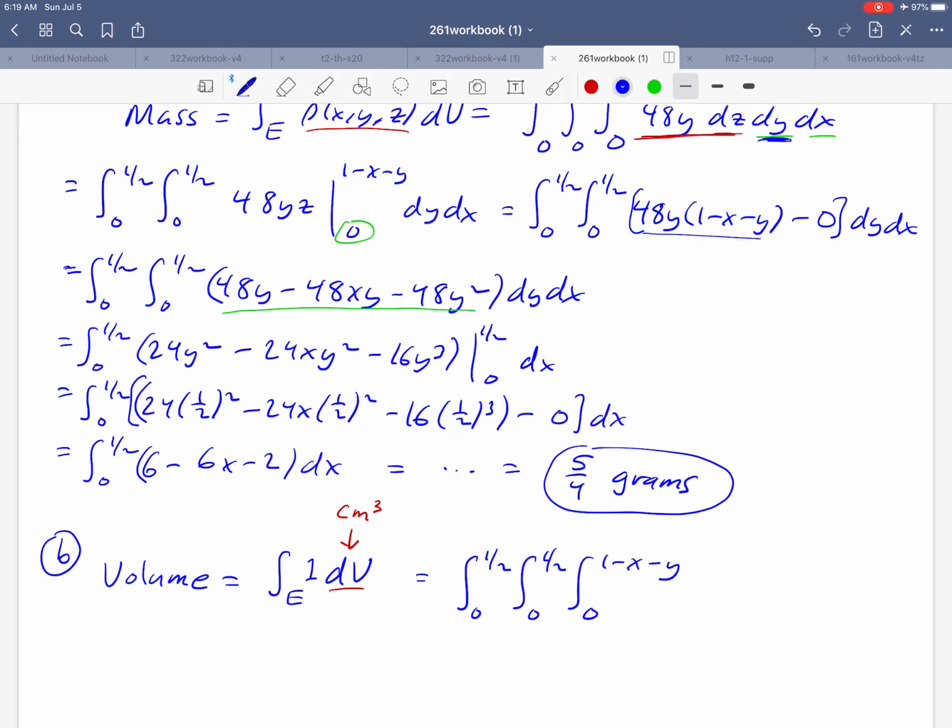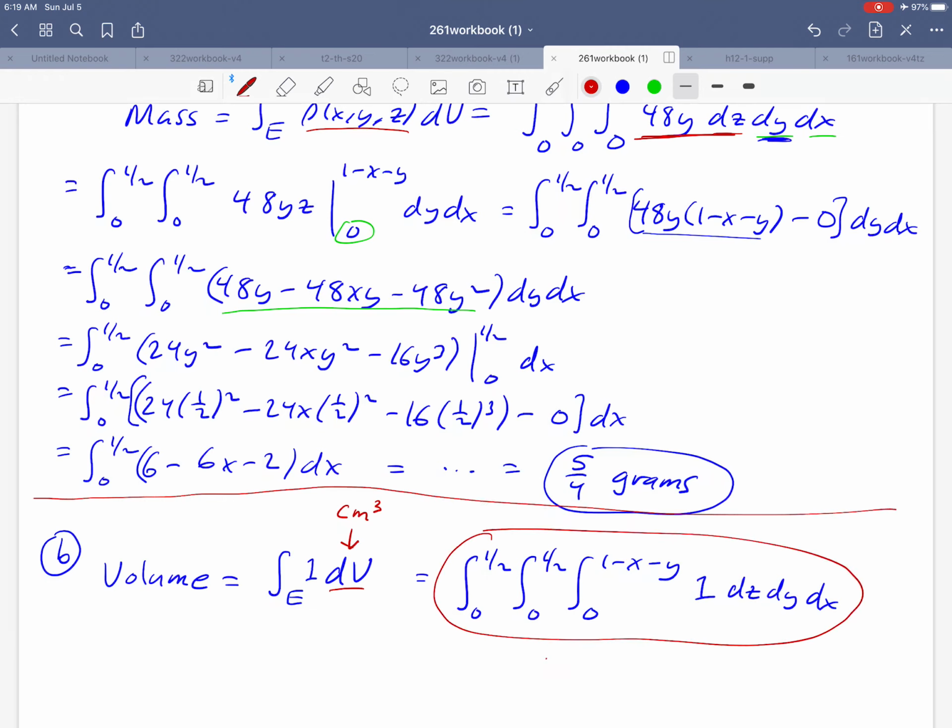There's kind of an imaginary 1 in front of here. We're integrating the function 1 dz dy dx. This is going to be our answer to B. They didn't ask us to evaluate this integral, but if we did, it would give us the volume of the region E.